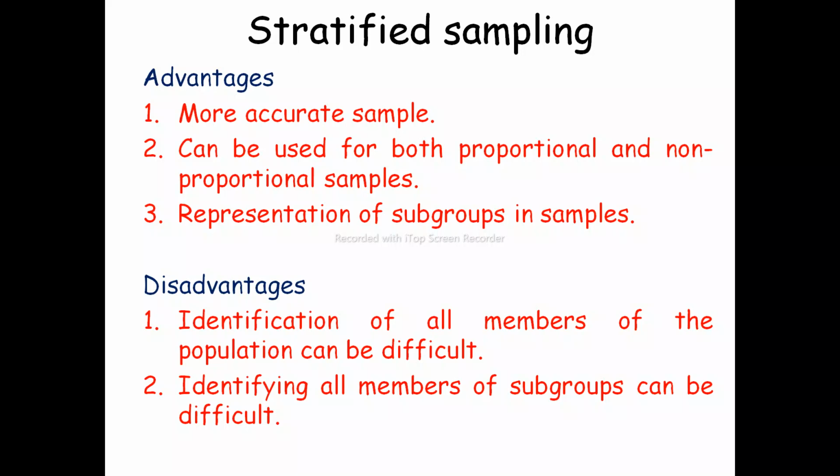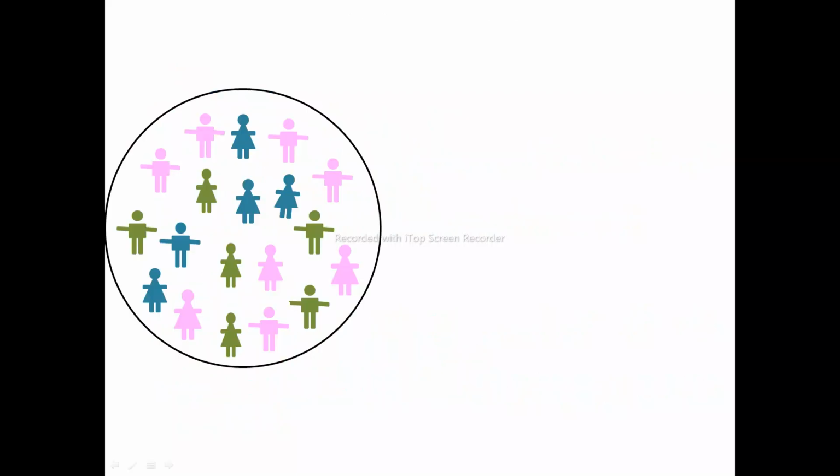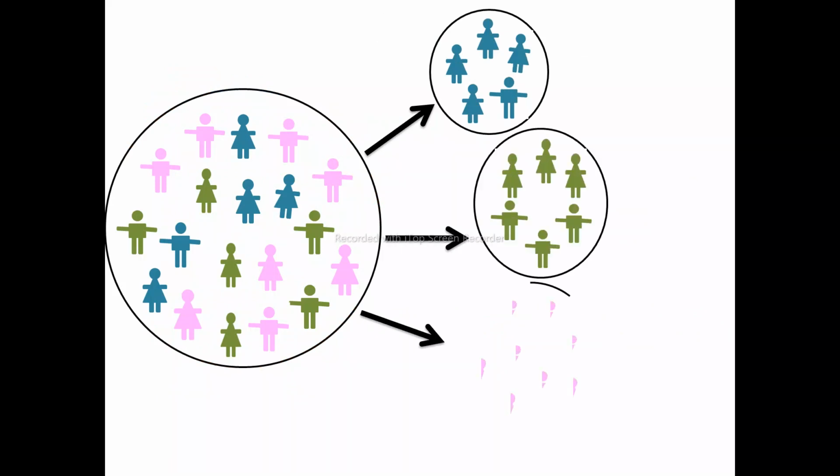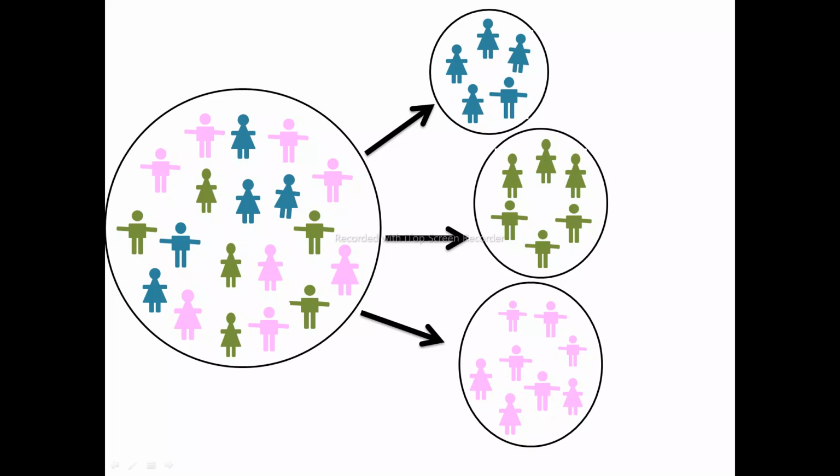So what happens in stratified sampling? The total elements of the population are first subdivided into distinct and mutually exclusive subpopulations, which are called strata. These should be mutually exclusive, meaning one person should be in one strata only. One person cannot be in two strata, right? Next, based on some common characteristic, you must note that a stratum is a single subgroup.